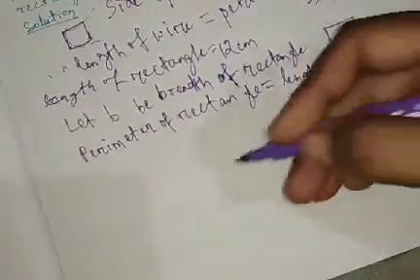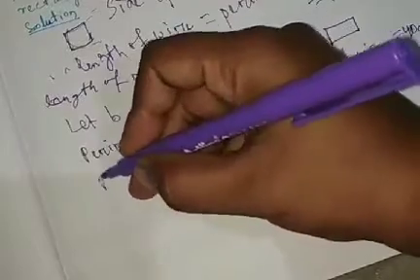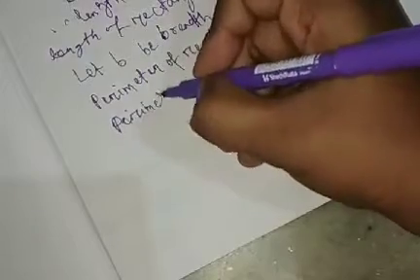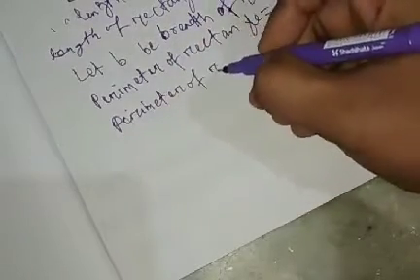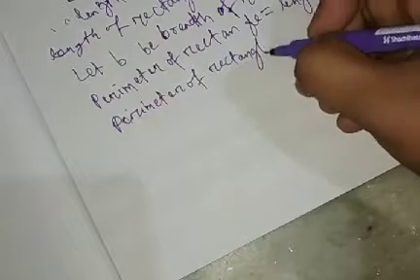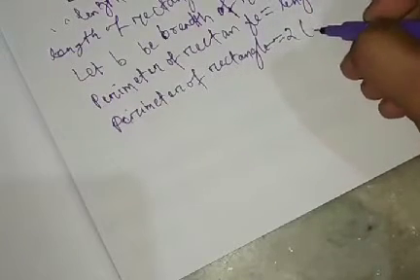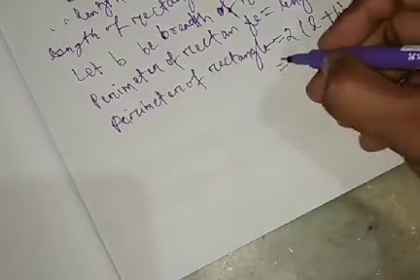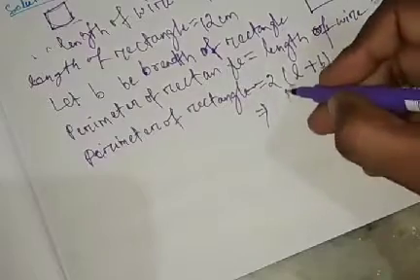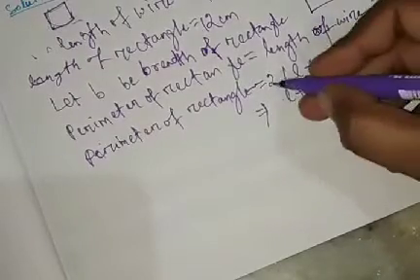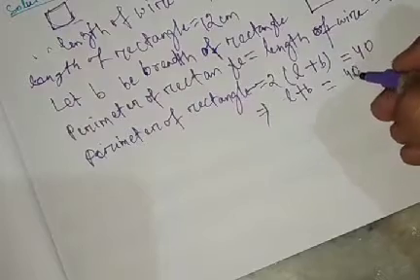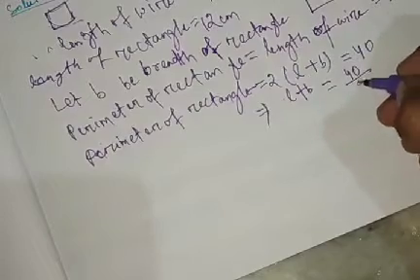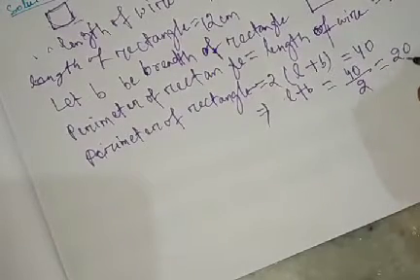Okay. So perimeter of rectangle is how much? If we write again, the perimeter of rectangle equal to 2 whole L plus B. It is 40 cm. So L plus B equal to how much? If 2 will go to the right side of equal to, then 40 divided by 2 is how much? 20.